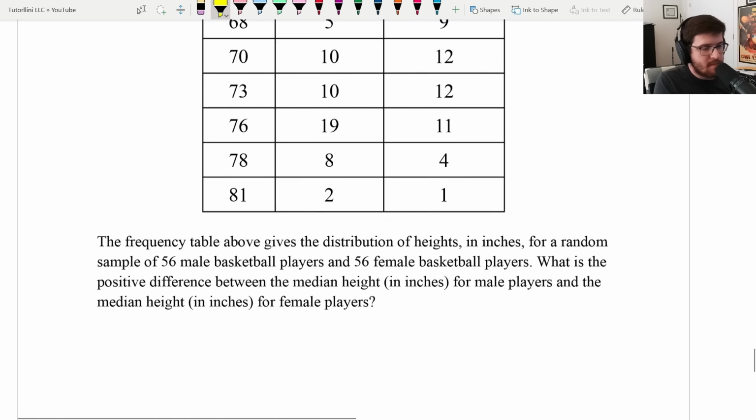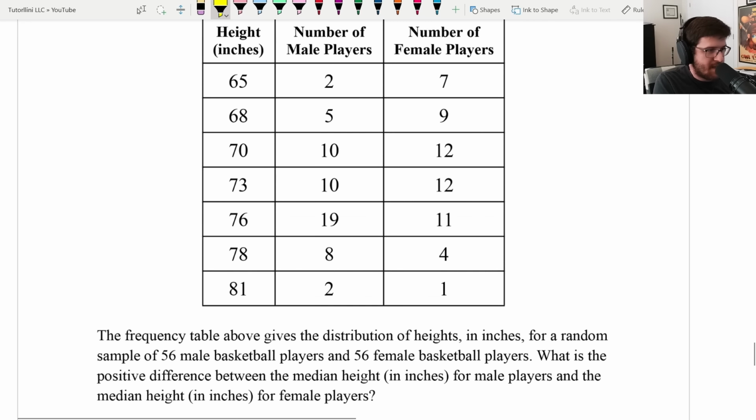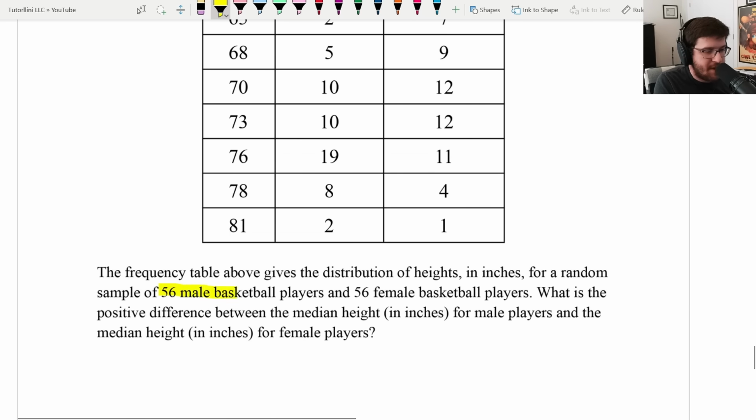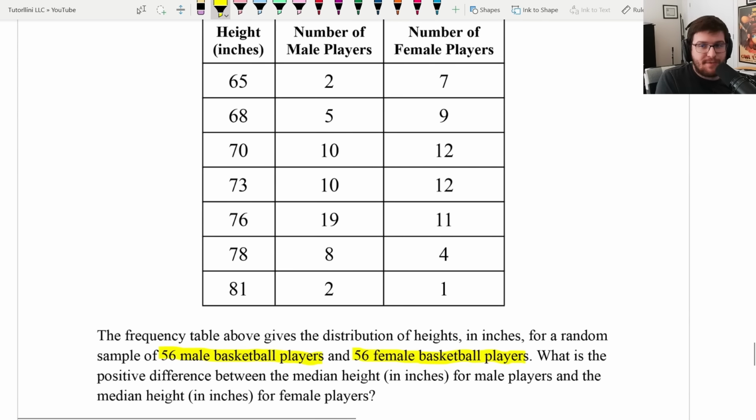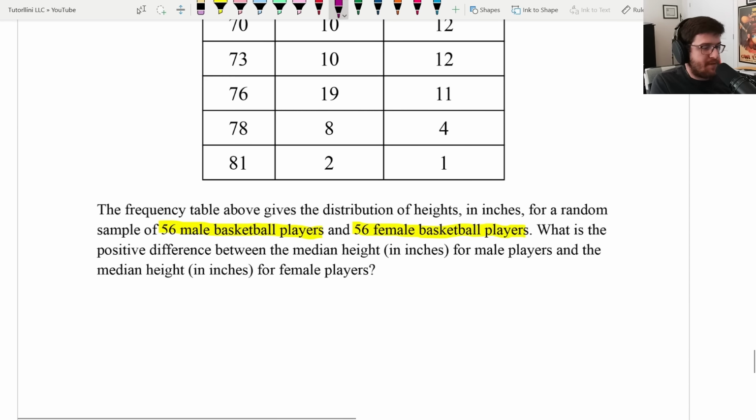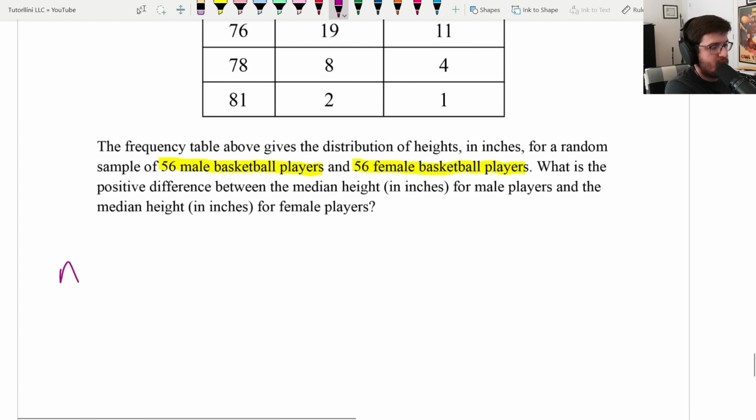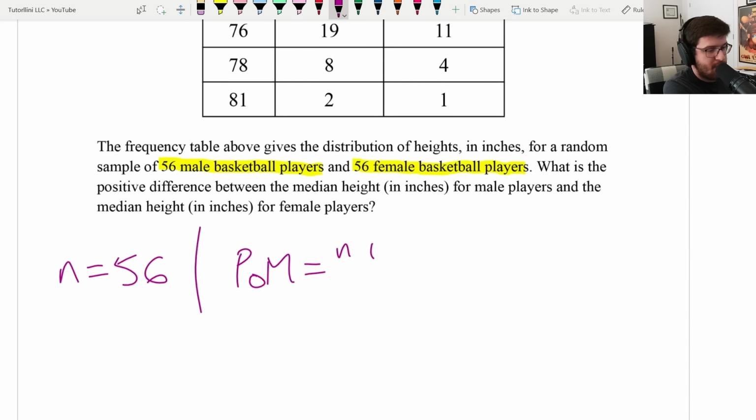Okay, so they tell us the sample size of each sample is the same. That's really convenient. There's 56 male basketball players and 56 female basketball players. So each data set has 56. That means n equals 56. In my Ottocento video, the position of median formula is n plus 1 over 2. So I get 56 plus 1 over 2.